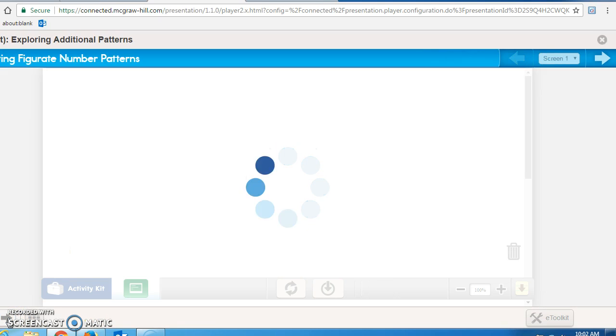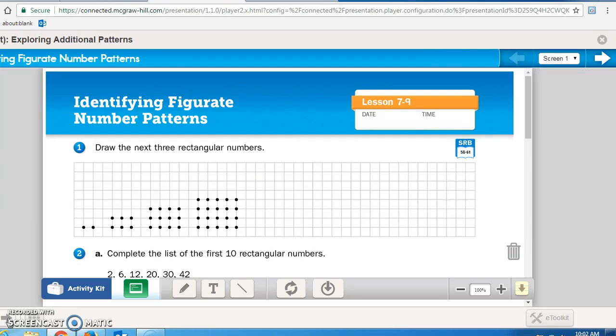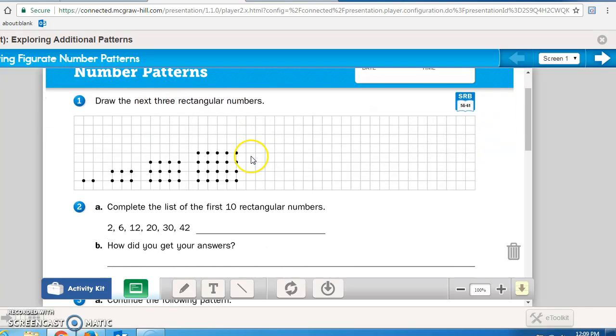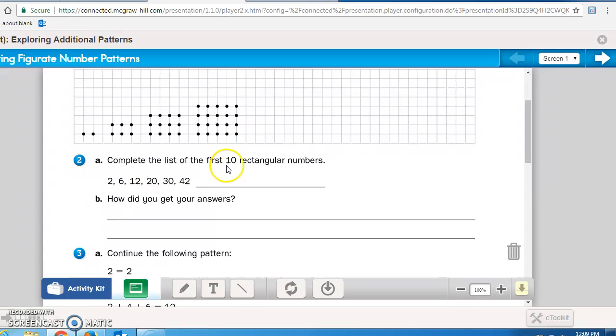Now it's telling you to complete the rest of Math Journal page 252. This is a math assessment check-in, so please make sure when you complete this that you bring it up to me so I can check it off that I saw it and that you understood it. So again, on Math Journal page 252, your assessment check-in, the directions say draw the next 3 rectangular numbers, complete the list of the first 10 rectangular numbers.